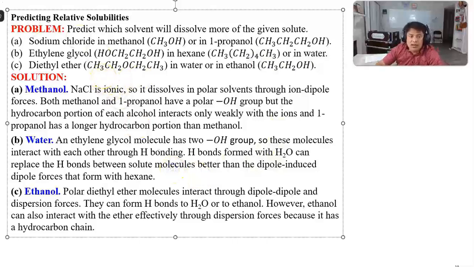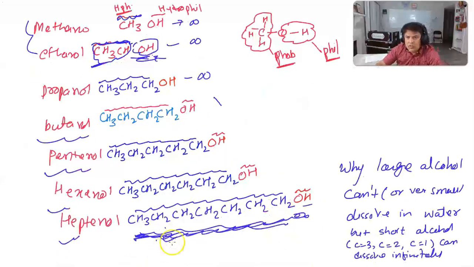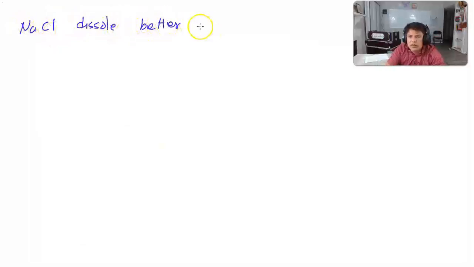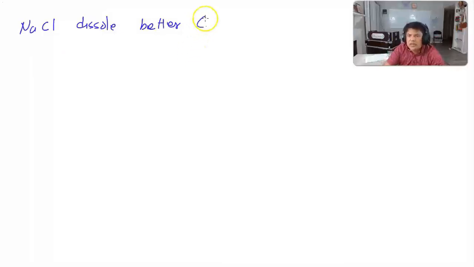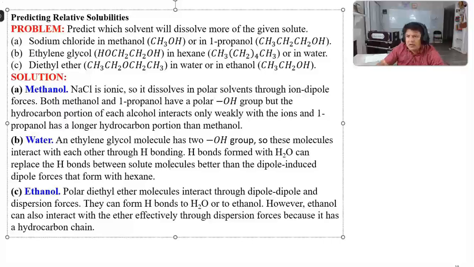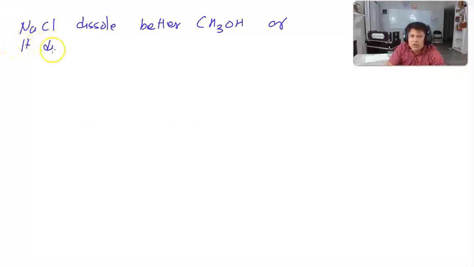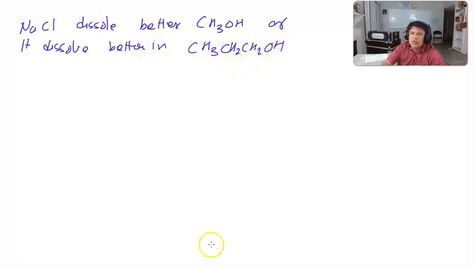Okay, sodium chloride first. Now let me erase these all. Now, where does sodium chloride dissolve better, in methanol, CH3OH, or in propanol, CH3CH2CH2OH?